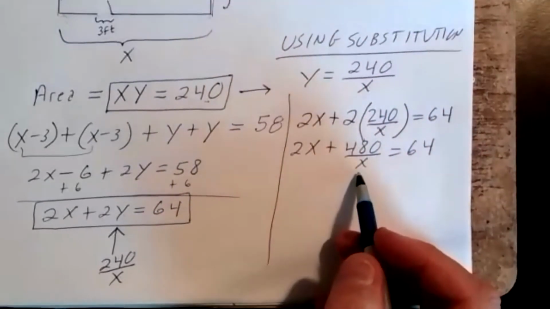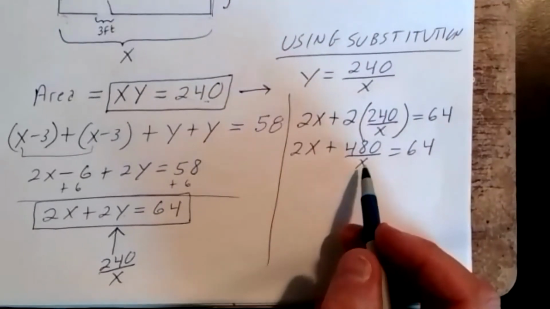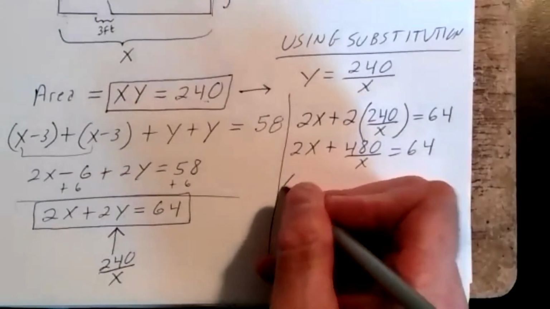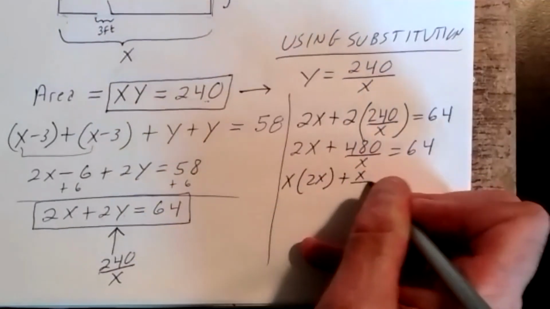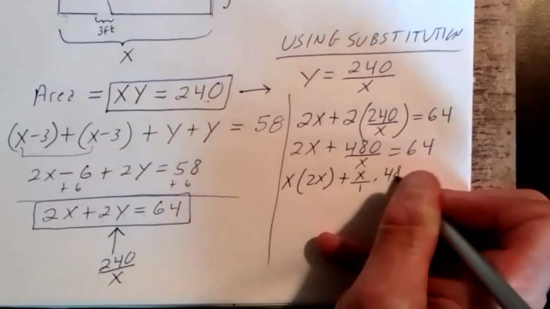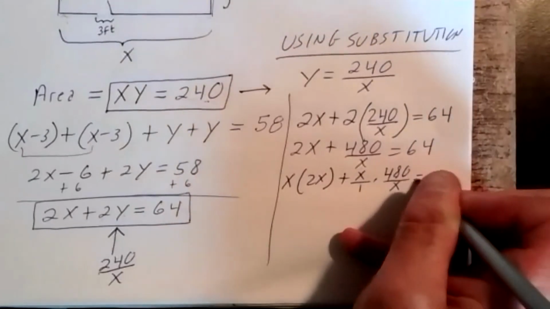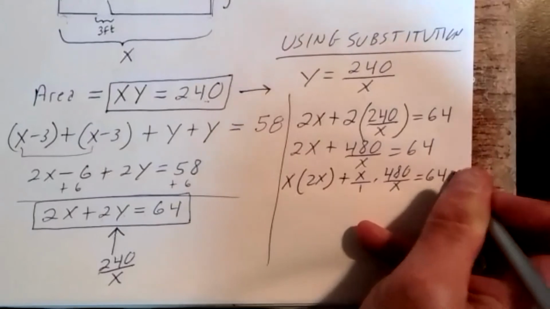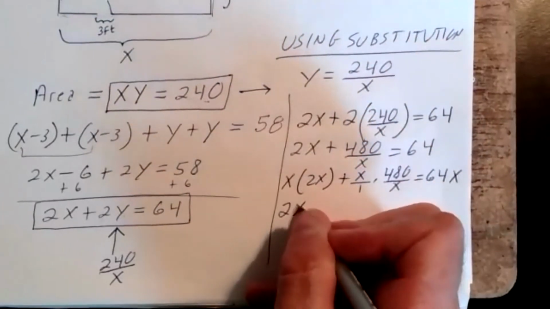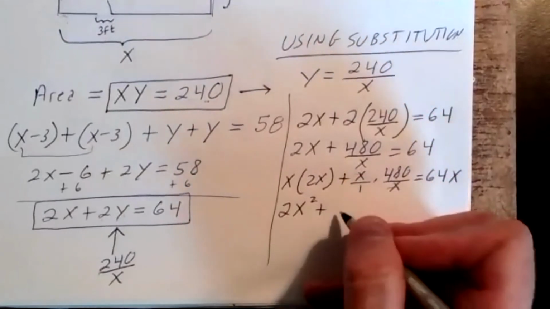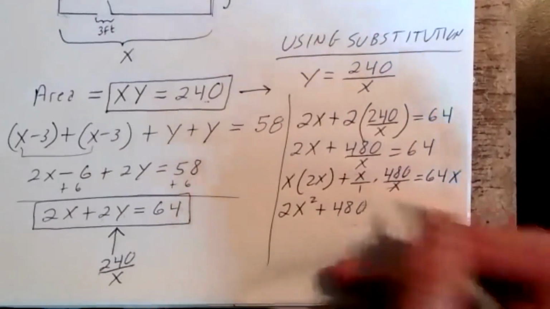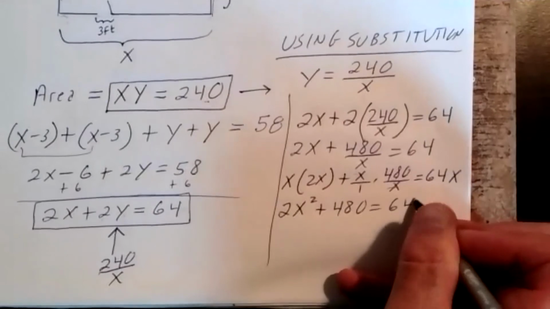I'm going to get rid of this fraction by multiplying both sides of my equation by x. Don't forget to multiply the right side by x. So we got 2x squared plus, these x's cross cancel out, leaving you with plus 480 equal to 64x.